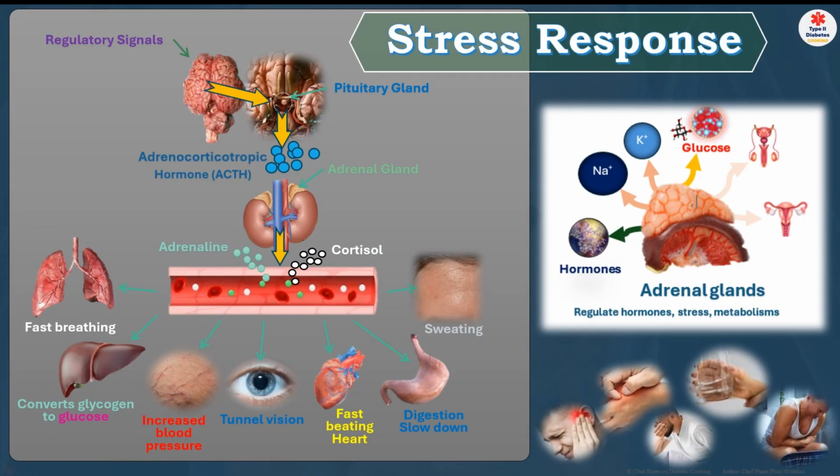Then we know the pituitary gland. And now you have the adrenal gland. This is above your kidney, and its function is the stress response. I didn't understand that part much, because when I was doing this, I lost a loved one.